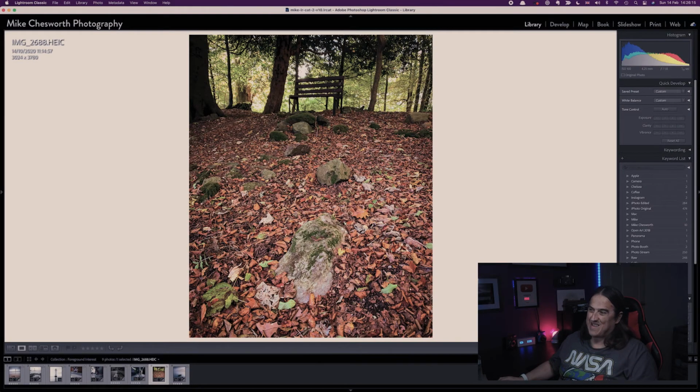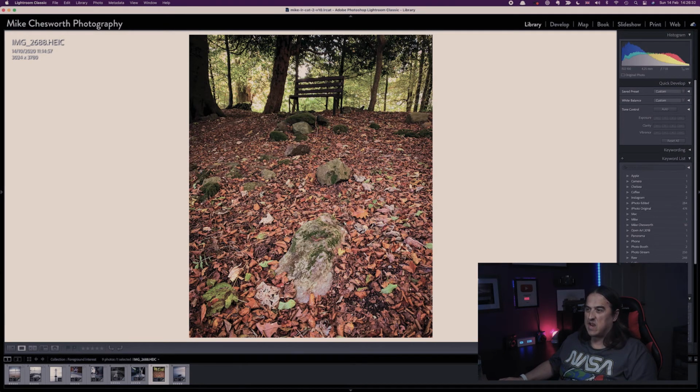So, for example, on this image, I think the foreground rock does provide a nice bit of foreground interest, but I do think it's quite messy and distracting, and it can be a little bit overwhelming for the subject, which is obviously the bench in the background.